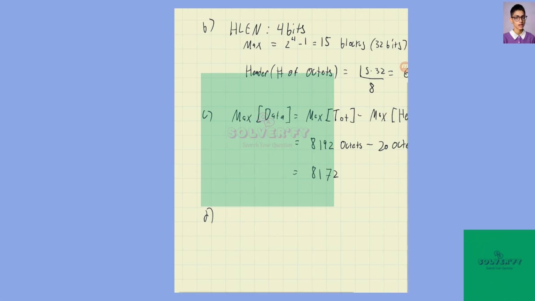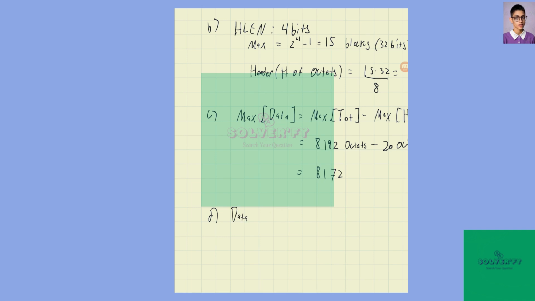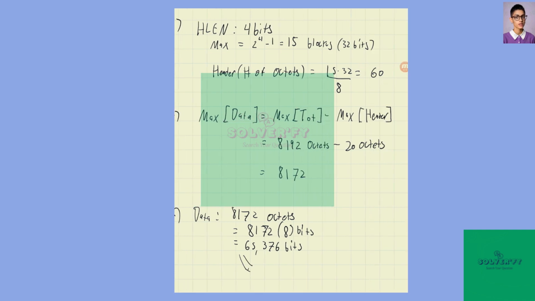So the data is going to be 8,172 octets, which equals 8,172 times 8 bits, which then equals 65,376 bits. Therefore, in terms of the number of possible strings of octets, it's going to be 2 to the power of 65,376.